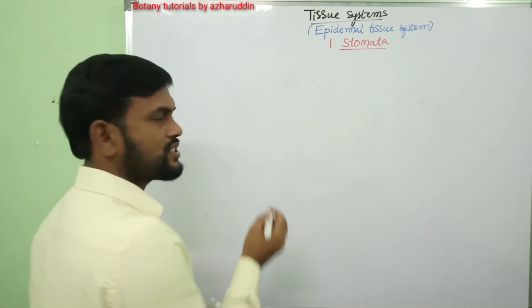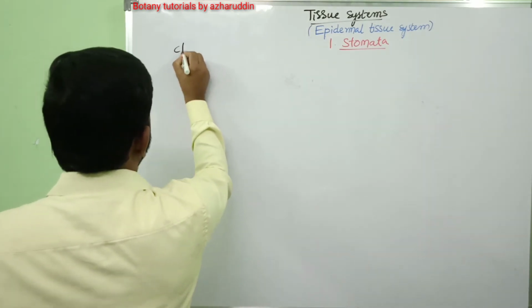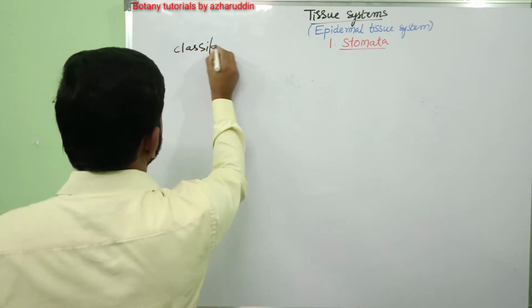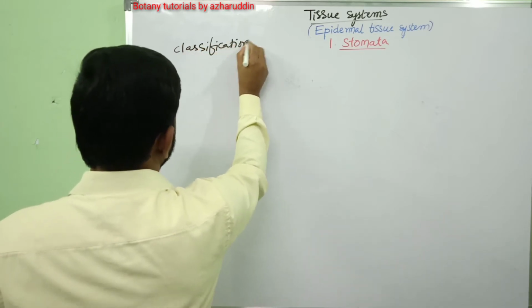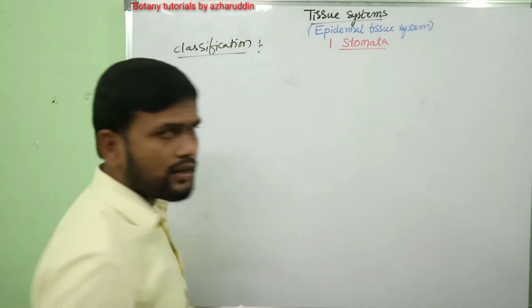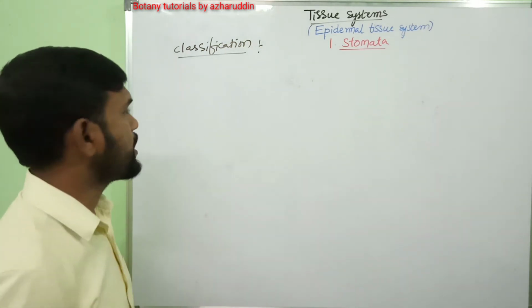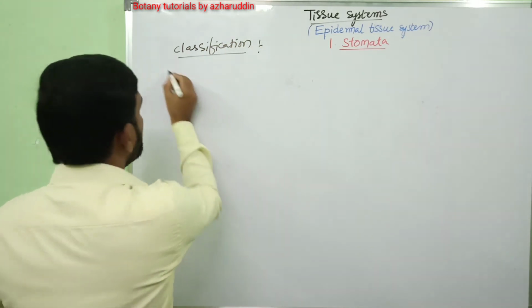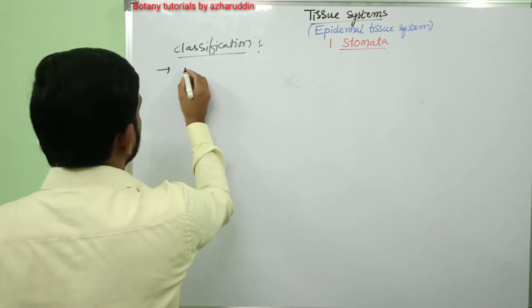Coming to classification of stomata. Stomata are classified into various types based on the arrangement and number of subsidiary cells.